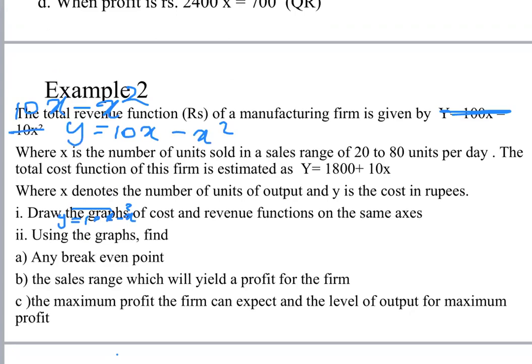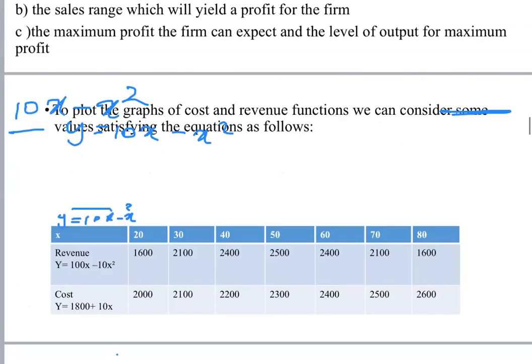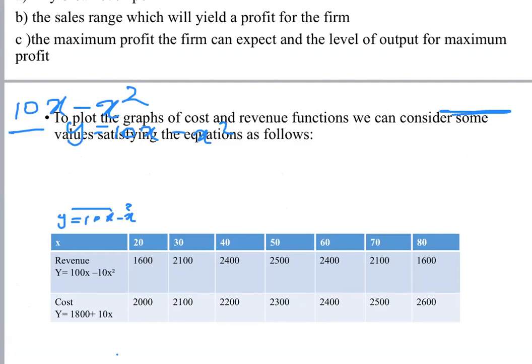Yes. Okay, this one. Y equal to 10x minus x squared, right? Now you can see when I changed that one, okay? So there was some printing mistake there, right?